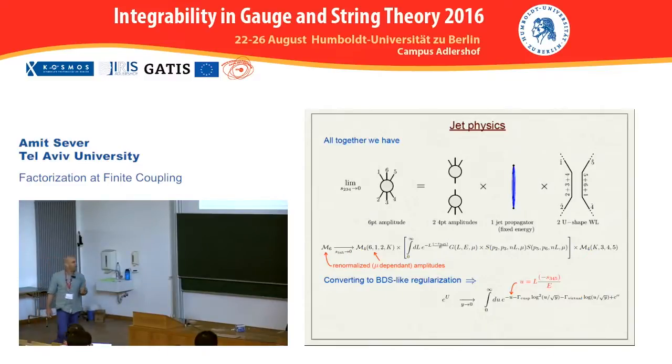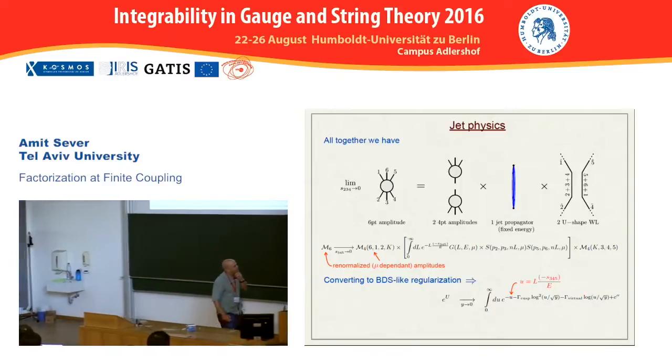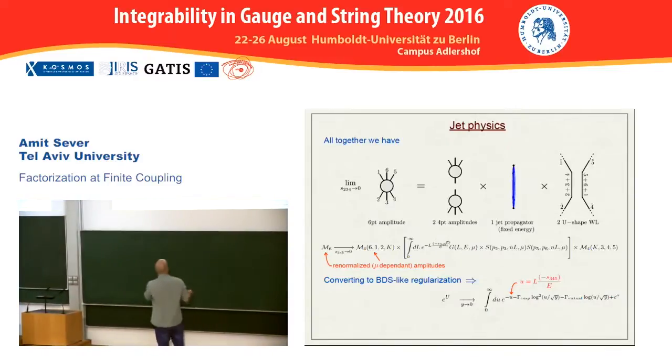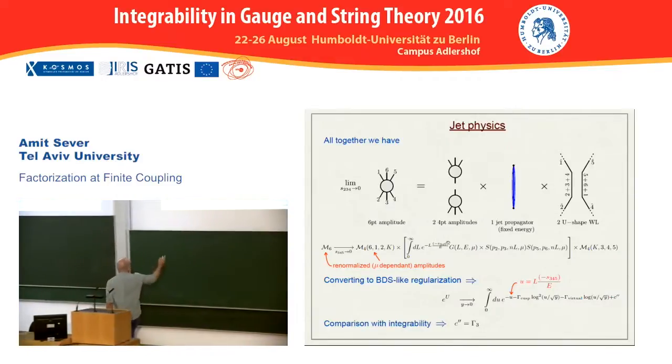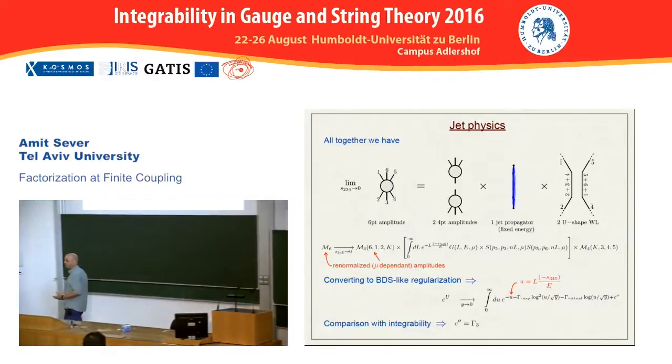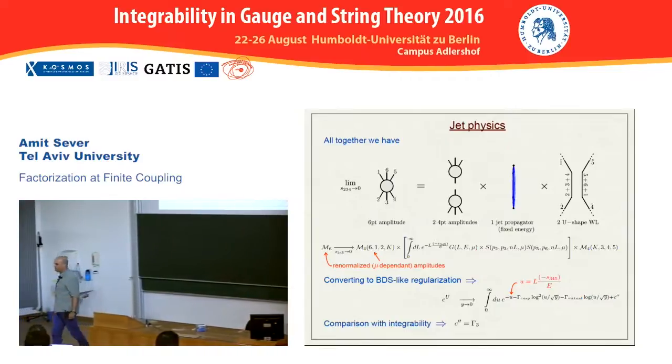There is some spin-independent constant that is unfixed by this RG argument. This is what I wrote here at the end as C double prime. Once we compare the two, C double prime is one of the quantities that was computed from the GKP, which was called gamma 3 before.